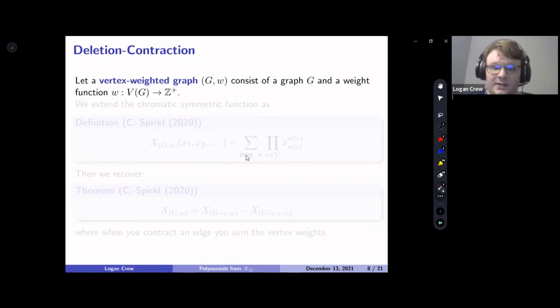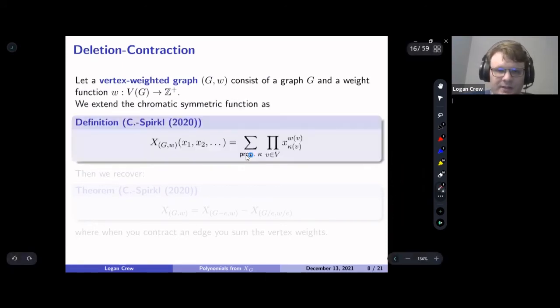So what Sophie and I did to address this problem is we consider a vertex-weighted graph. We have a graph, but it may also consist of a weight on each vertex that is a positive integer. Upon doing this, we can extend the chromatic symmetric function in the obvious way by allowing for each vertex, when we take its color, we also take that exponent, the weight of the vertex.